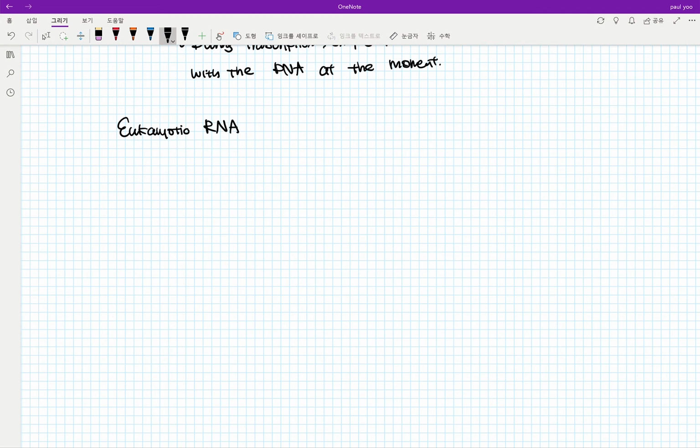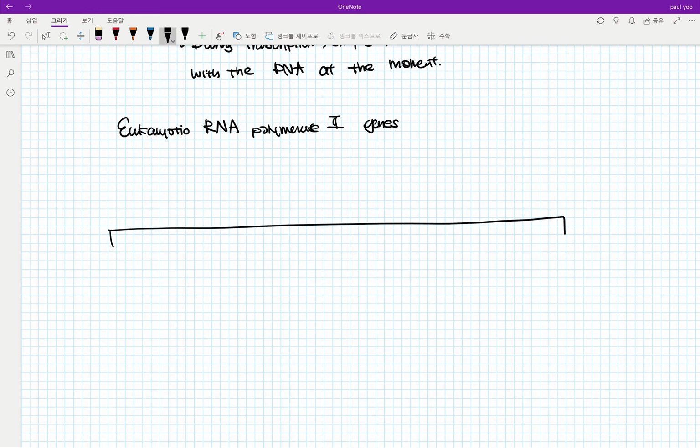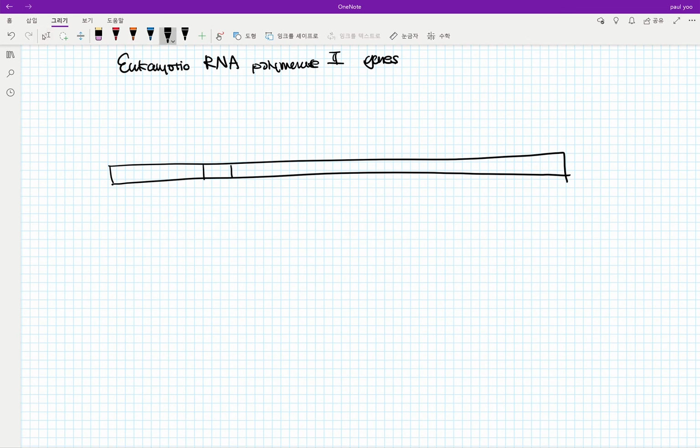Eukaryotic RNA polymerase II gene. This gene includes TATA, that we call TATA box, TATA element, RNA polymerase II binding site.